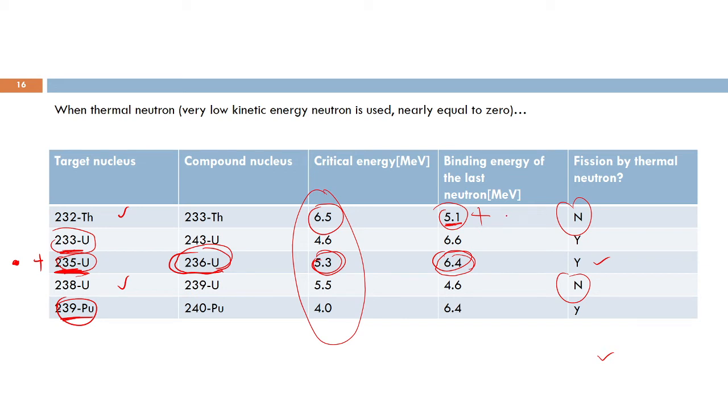So you have to use fast neutron for them to fission. But don't forget the conversion: fission does not occur with thermal neutron. With, let's say, uranium-238, fission will not occur with thermal neutron, but it will convert to fissile by absorbing the thermal neutron.